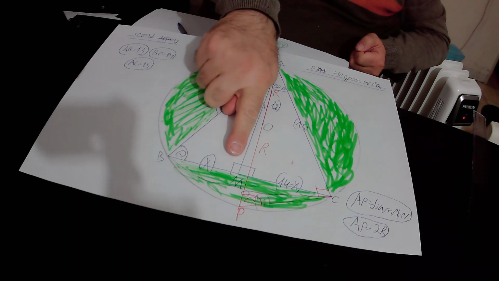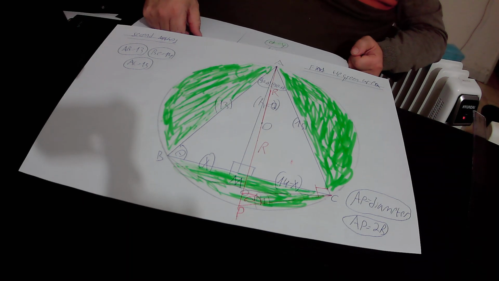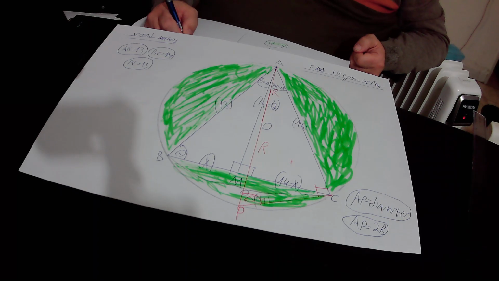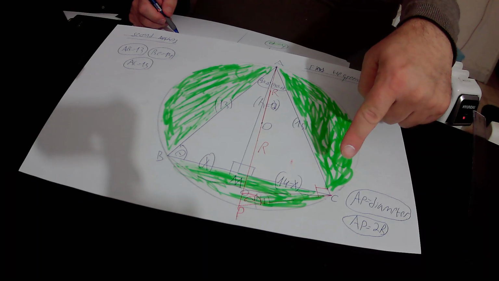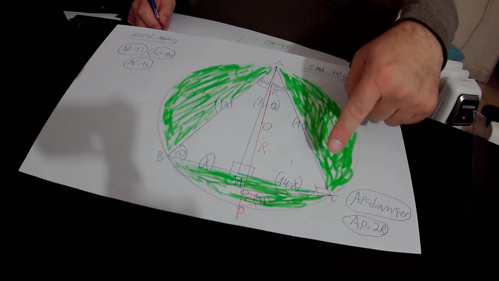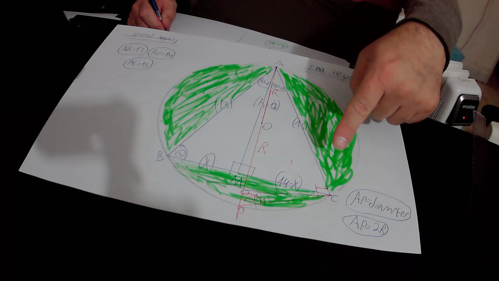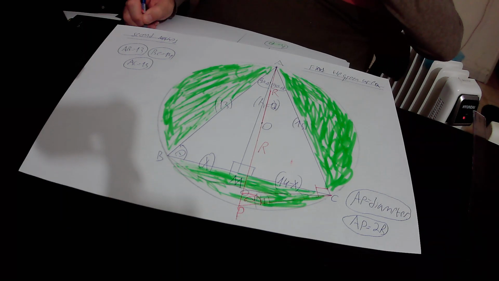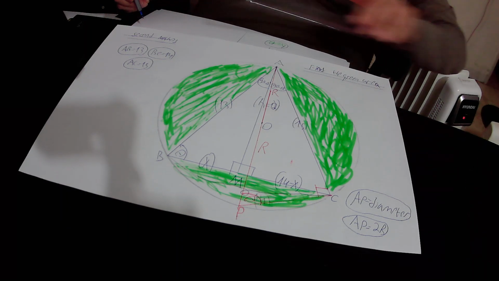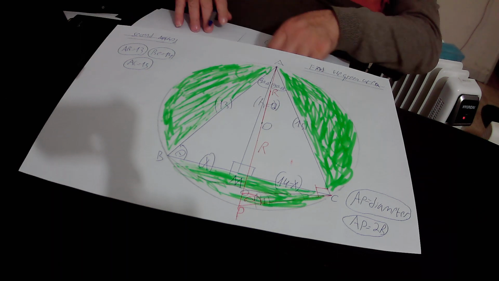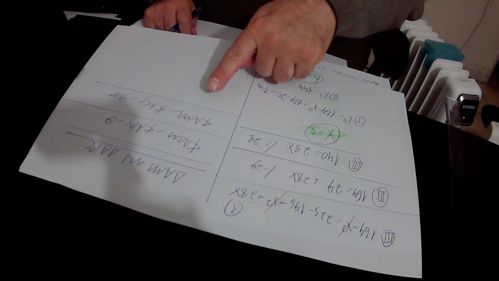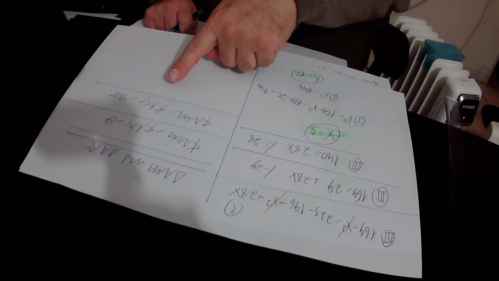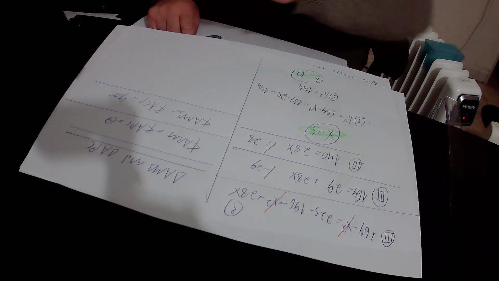So this is angle AMB in triangle ABM, and it is equal to this angle, which is actually angle ACP in triangle APC. Repeat again. Angle AMB in triangle ABM equals angle ACP in triangle APC. They are both equal to 90 degrees, therefore they are equal to each other.